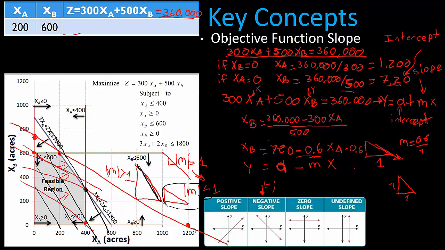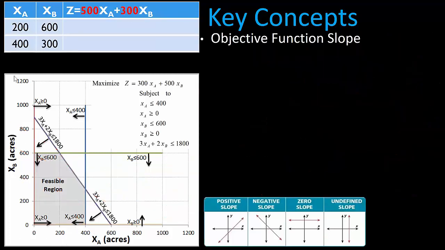So that will also be the case when you are thinking about the sensitivity of having these XA values, these $300 per acre of XA and $500. In theory, that should be the case.